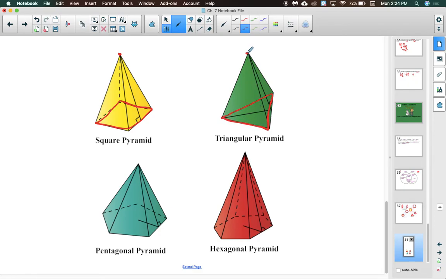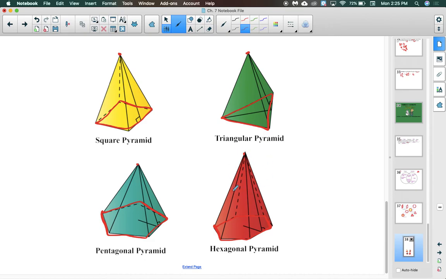Across from the base is the point, and all the sides are triangles as well. This is called a pentagonal pyramid because the base is a pentagon. Across from the pentagon is a point, and the sides are triangles. And this is called a hexagonal pyramid because the base is a hexagon, across from the base is a point, and all the sides are triangles.